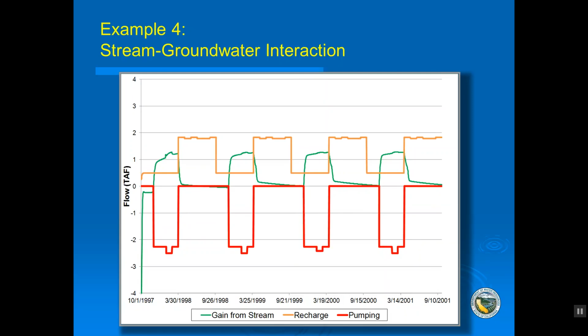I want to show you the stream aquifer interaction and how it gets affected by this recharge and groundwater pumping operations. So again, don't look at this very initial part of the graph. Again, this is because of our bad initial conditions. The system is kind of stabilizing itself. But here what we're looking at is this orange line is the recharge, right?